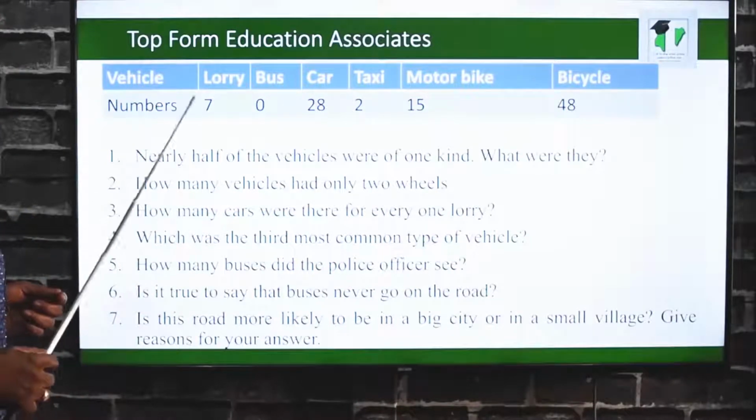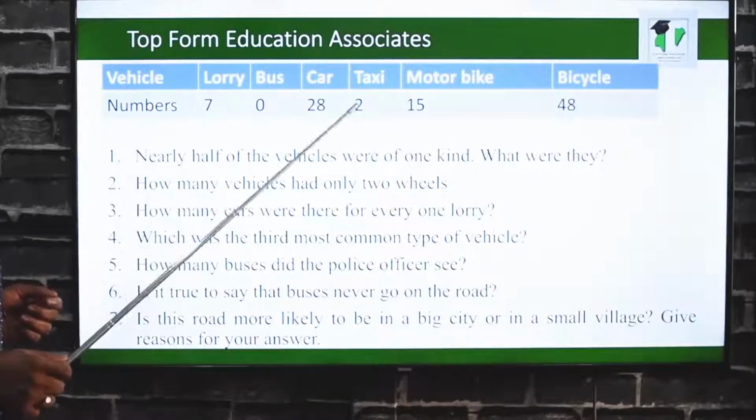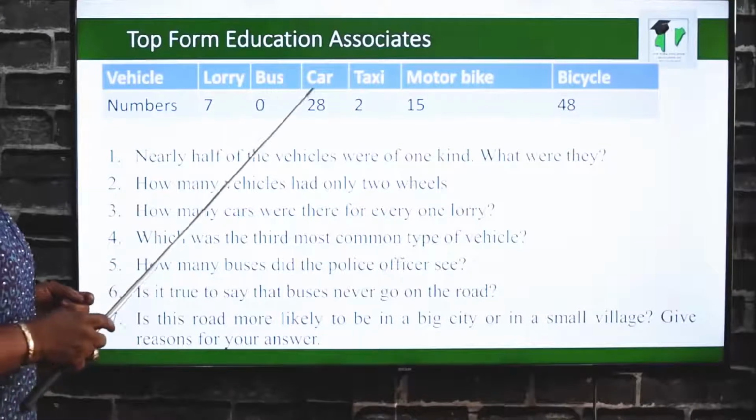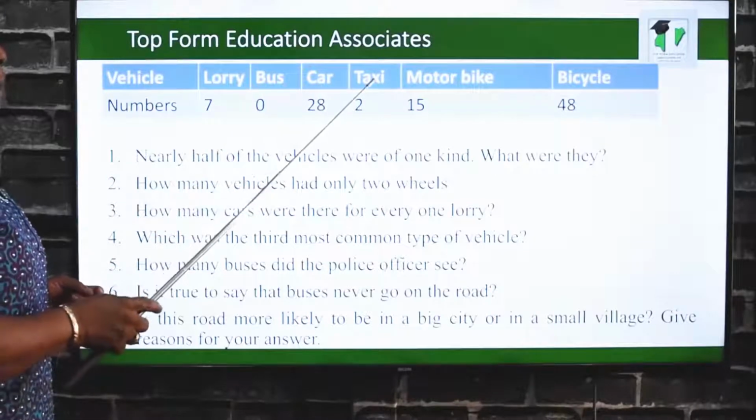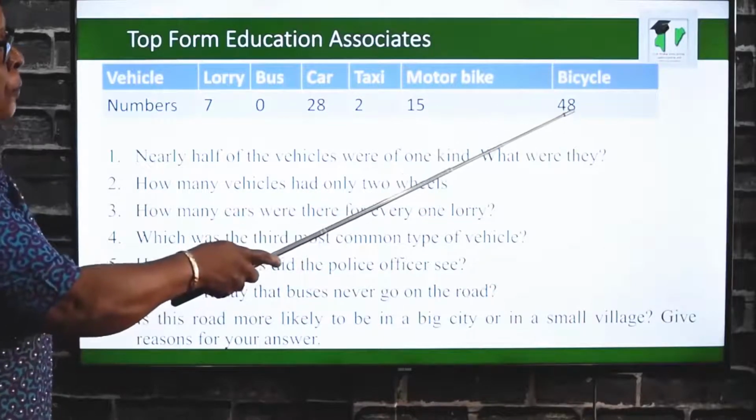The number of lorries that passed within the time under review is 7, bus 0, car 28, taxi 2, motorbike 15, bicycle 48.